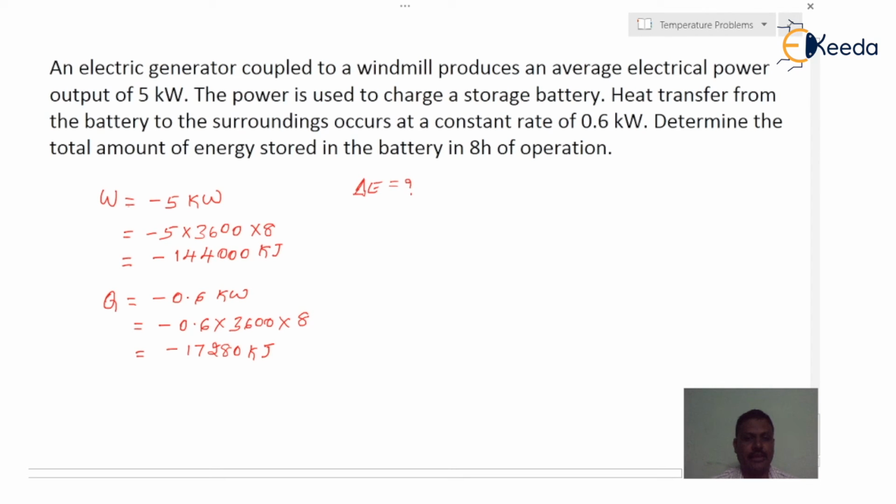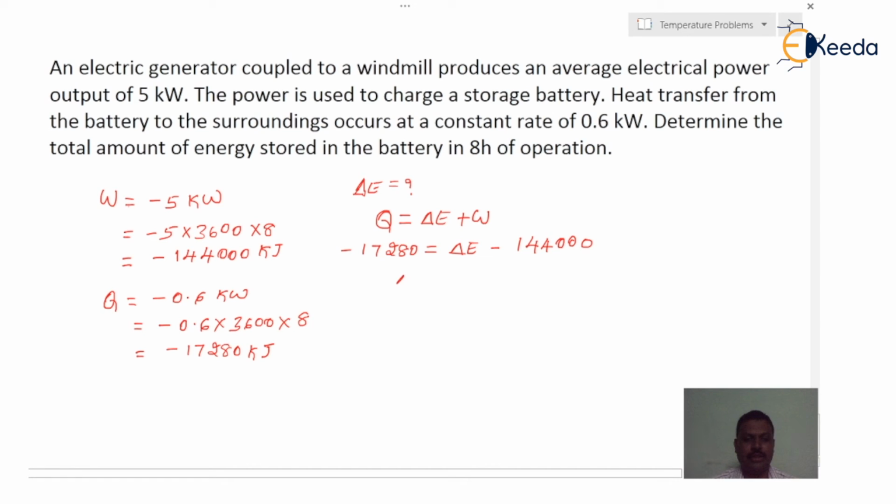By the first law for a closed system undergoing a process, we have Q equal to delta E plus W. Here heat is rejected to the surroundings, so minus 17,280 kilojoules equals delta E minus 1,44,000 kilojoules.